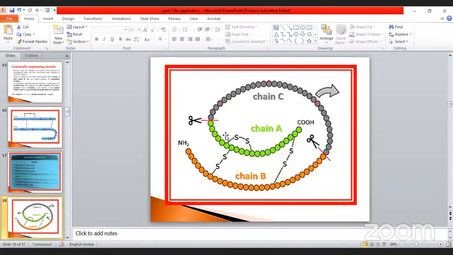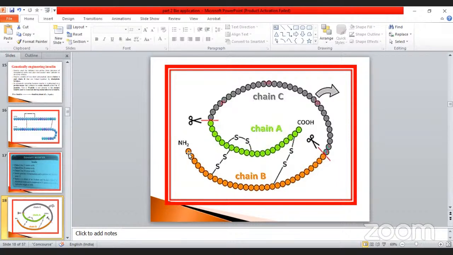So this is the entire structure of the insulin molecule. It consists of A chain, B chain, C chain. The A chain contains 21 amino acids. Count it here: 1, 2, 3, 4, 5, 6, 7, 8, 9, 10, 11, 12, 13, 14, 15, 16, 17, 18, 19, 20, 21. Here he just calculated 30.